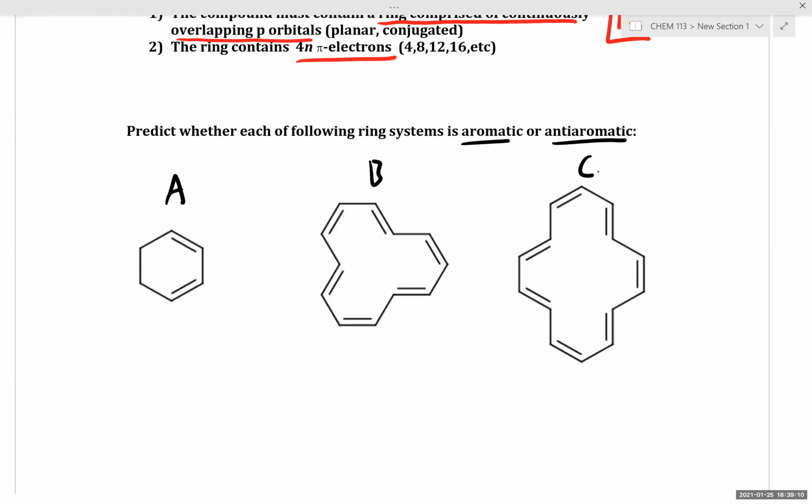So what do we think? We have students commenting, yep, A is non-aromatic.